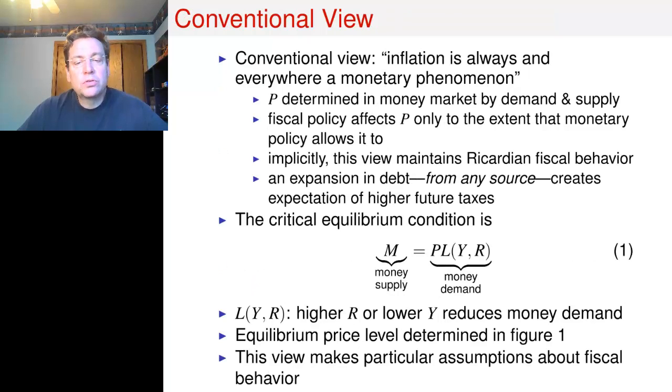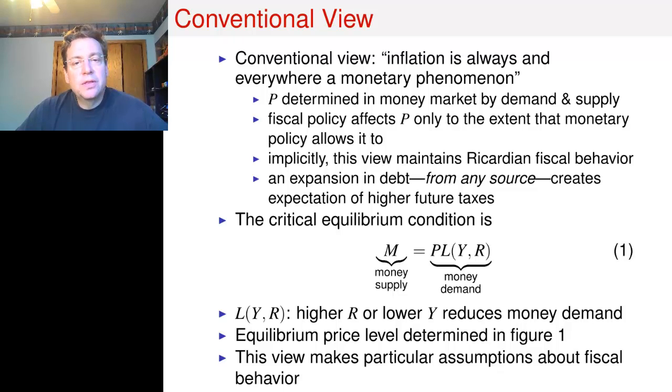So let's talk about the conventional view for a minute. Milton Friedman is famous for many things, but among others is the quotation that inflation is always and everywhere a monetary phenomenon. So this is the monetarist view, and that view has that the price level is determined in the money market by interactions of supply and demand, just as we saw in the first set of slides on money and prices.